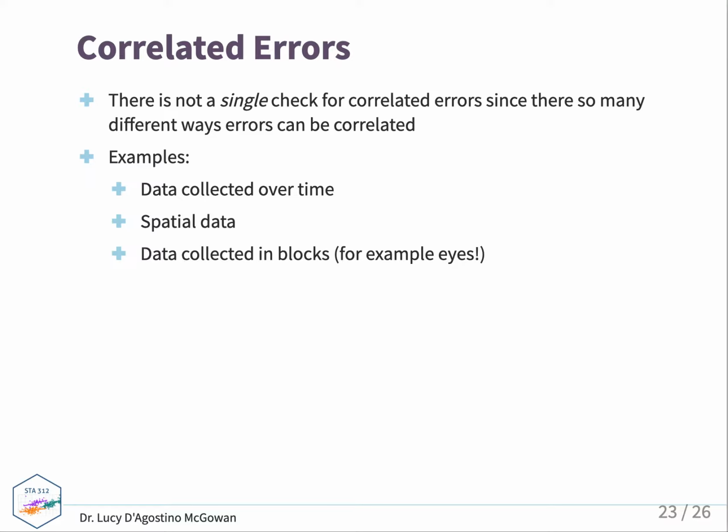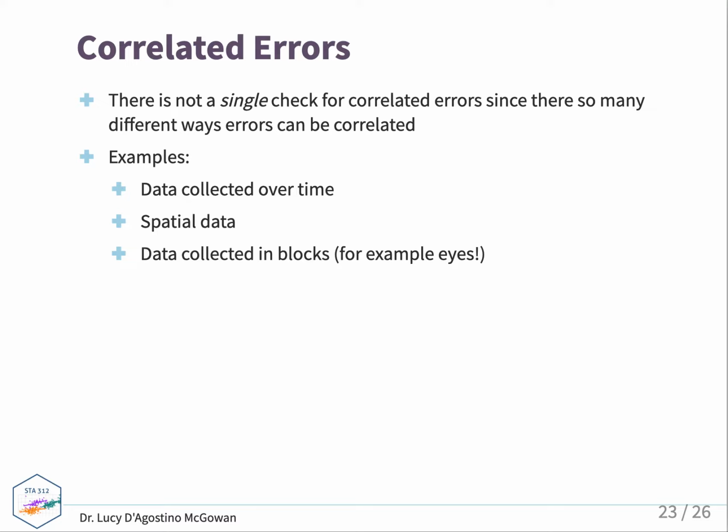And then finally, data generally collected in blocks. A really common example of correlated data is a study looking at how some treatment might affect your eyes. Let's say you enroll 30 people into your study, but you use the treatment on both of their eyes, the left eye and the right eye.